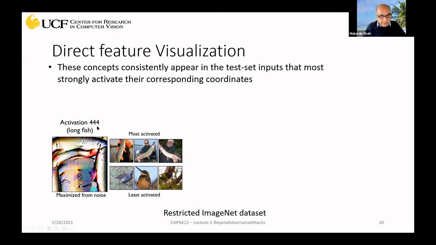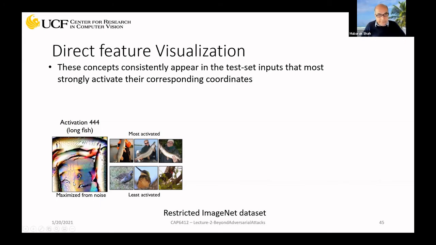If you look at feature 444 in the ImageNet classifier, which is trained robustly, then starting with the noise, this particular feature will give you maximum response when this input image is given.